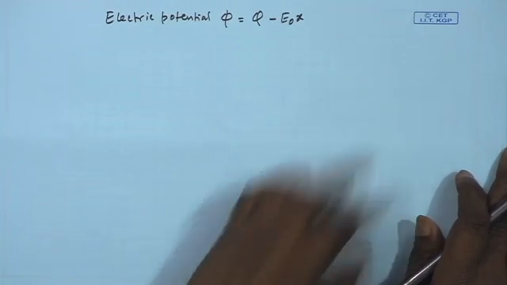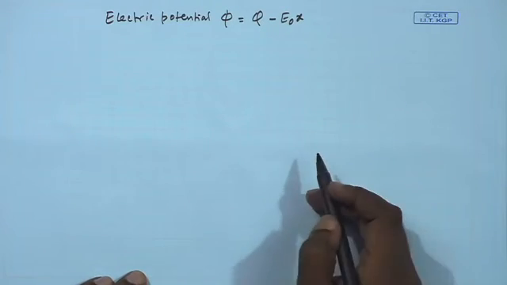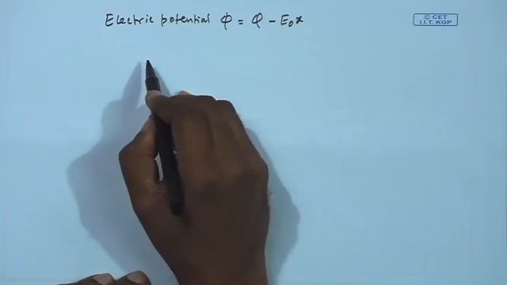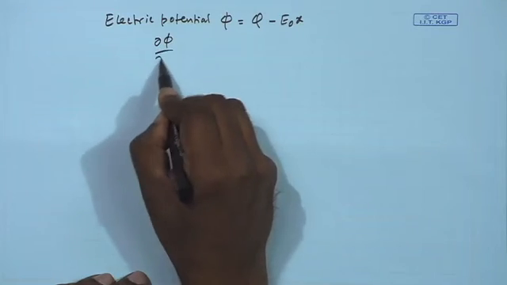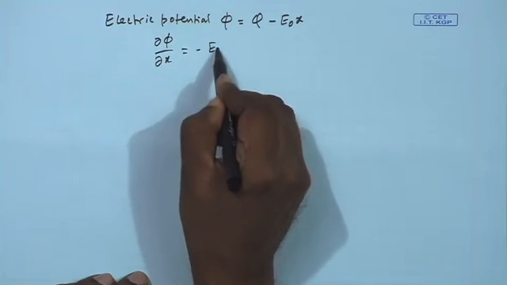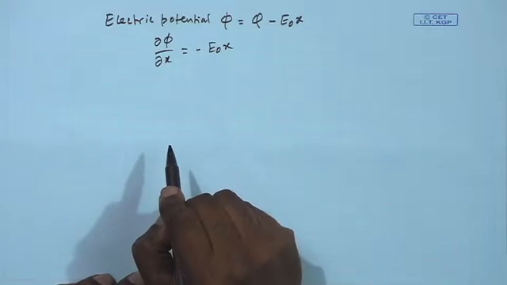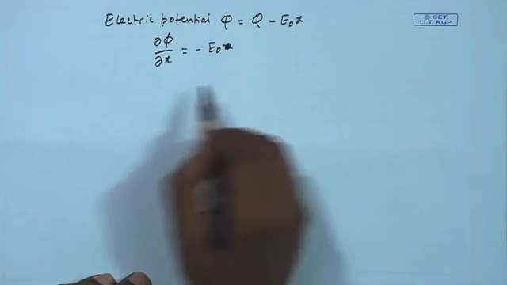So you get phi minus E0x. Now, del phi del x becomes minus E0x because this small phi is independent of x.